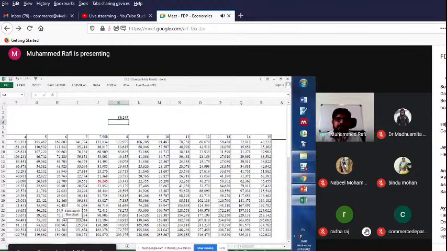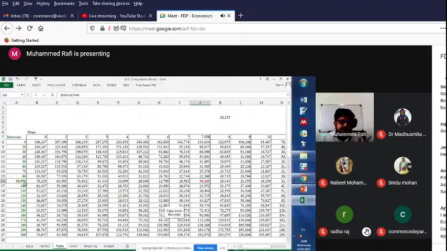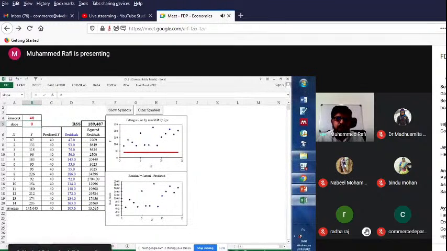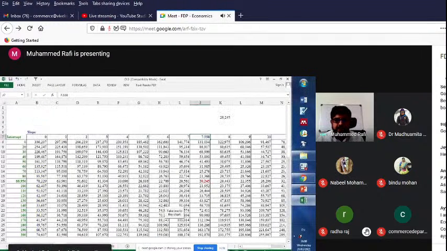The minimum residual sum of square is 20,245, which comes here. Then the intercept is 88.956 and the slope coefficient is 7.558. Now you can see that when you give those values, 88.956 and 7.558.